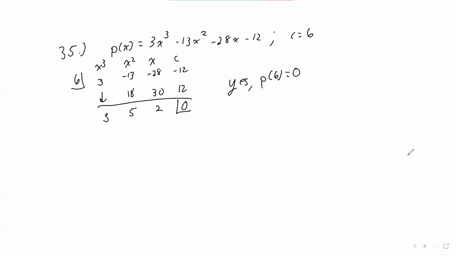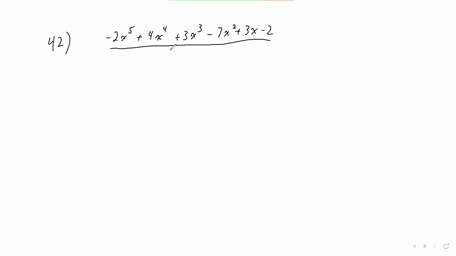All right, so let's look at another one. Let's look at number 42. This is negative 2x to the 5th plus 4x to the 4th plus 3x cubed minus 7x squared plus 3x minus 2, all divided by x minus 2.